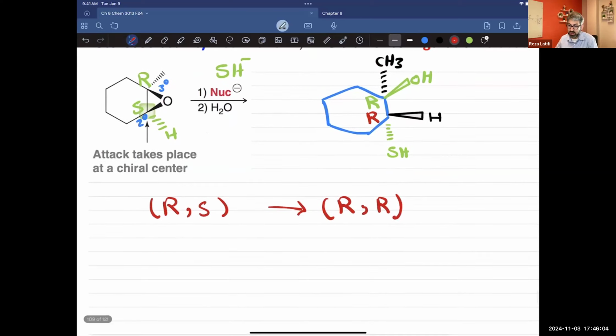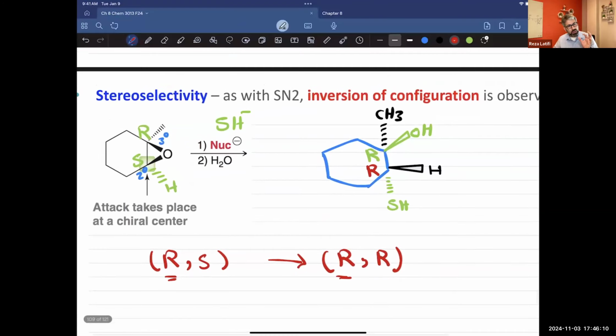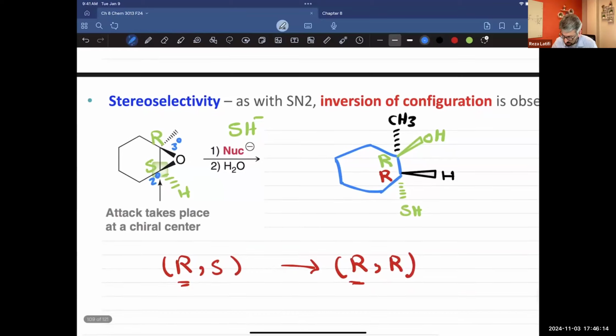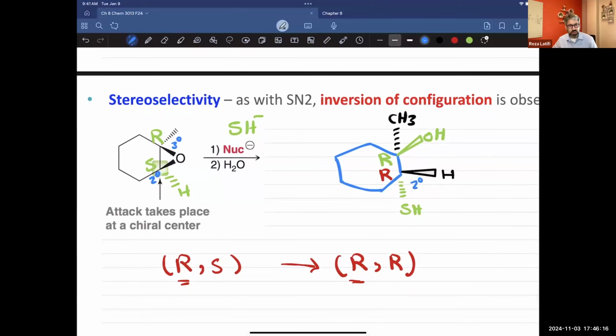One of the stereocenters did not flip, and this one stayed as it is. The second one flipped. The one that flipped is the secondary carbon, and it got flipped from S to R. And what's the reason behind it? Because this is an SN2 reaction, and in an SN2 reaction, the configuration is always going to flip.